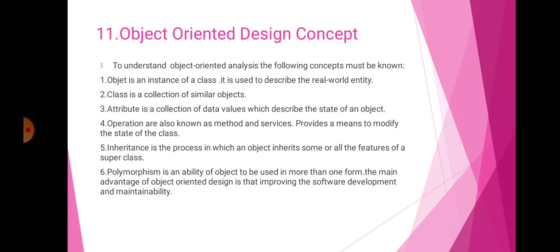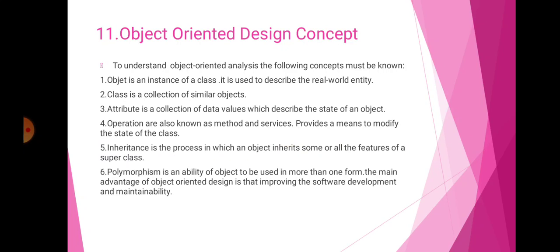To understand object-oriented analysis, the following concepts must be known. First is object. An object is an instance of a class and it is used to describe a real-world entity. Second is class. A class is a collection of similar objects. Third is attribute. An attribute is a collection of data values which describe the state of an object.